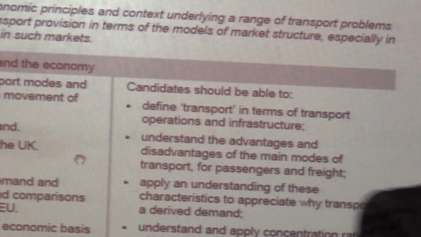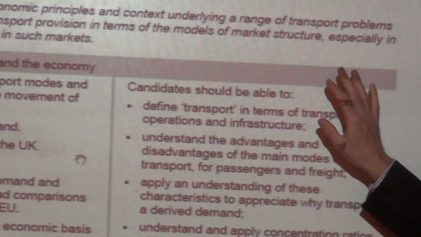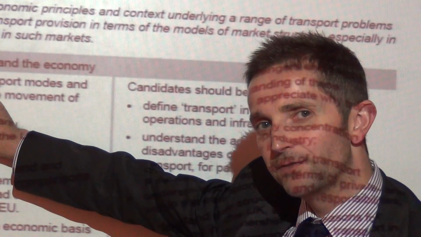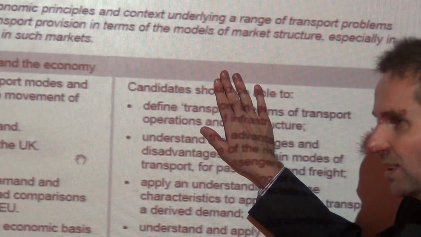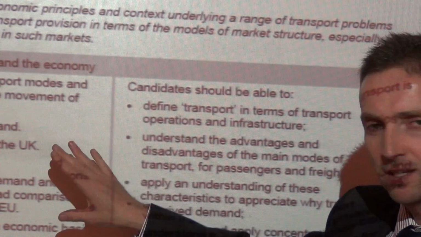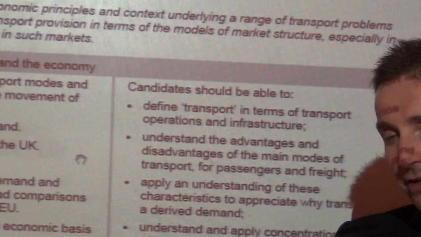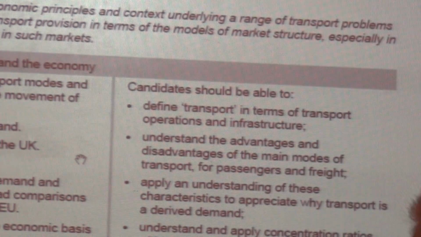So candidates should be able to do all of these things. Now the distinction between the left hand side of the spec and the right hand side of the spec on transport is really not particularly clear, and so it does make the actual prediction of exam questions much more difficult.